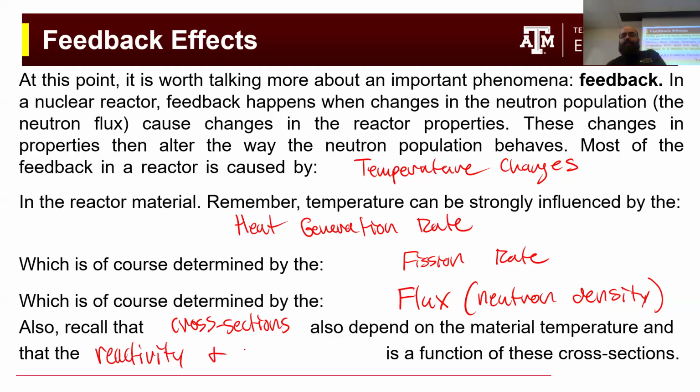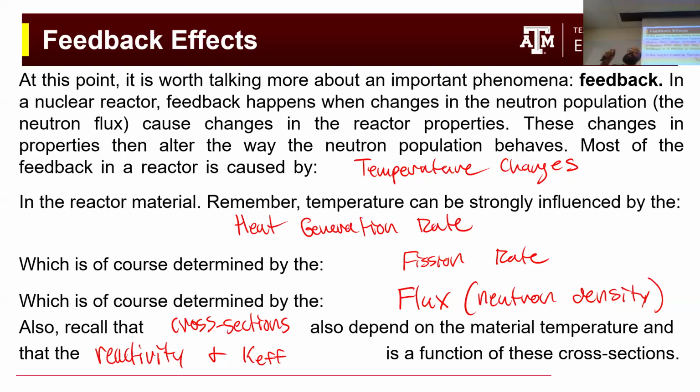So the reactivity and K effective are functions of those cross sections. If we heat a reactor up, it's going to change the cross sections, which is going to change K effective, which is going to change the reactivity, which comes back to our initial input.